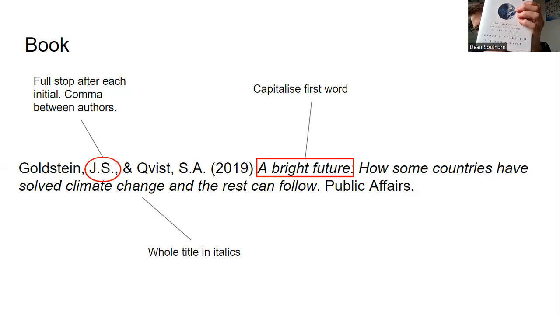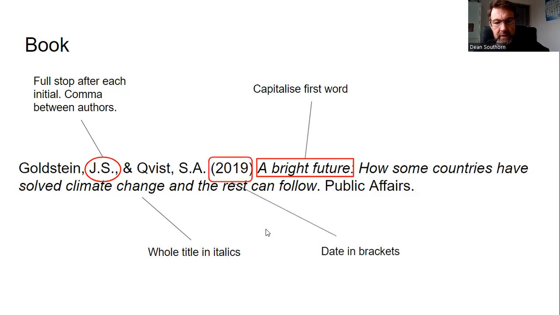So that's clearly a first name. So the formatting, if there are two initials, they need to be separated by a period, as Americans would say, or a full stop, as I would say, and then a comma, and both names are like that. The date needs to be in brackets. These are the same, not just for a book. So the name formatting and the date for every source, internet sources, book sources, everything.